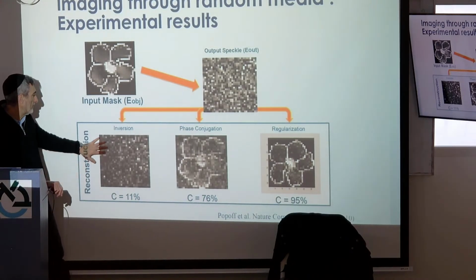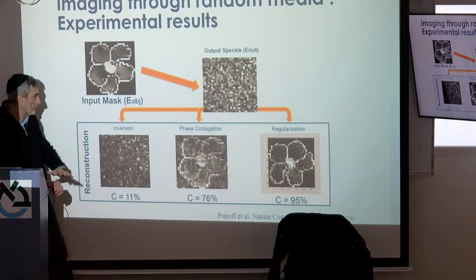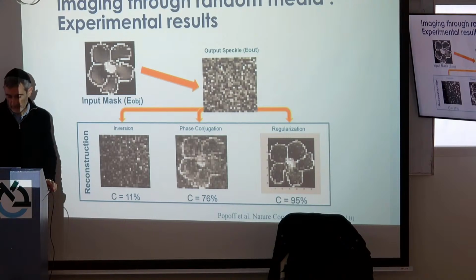They use different techniques: inversion, phase conjugation, and regularization. I won't go into details here, but they can achieve a very good image of the object through the system. These are relatively recent techniques that have been developed for that.